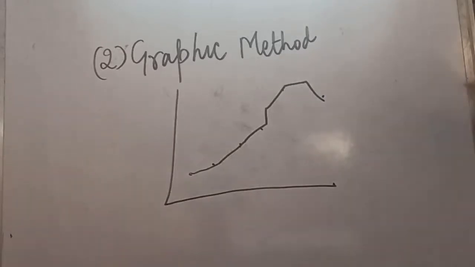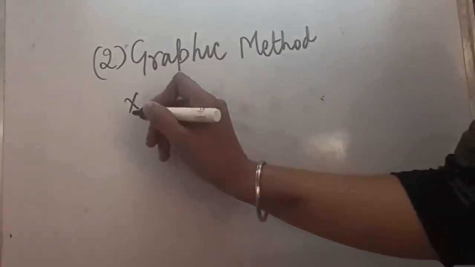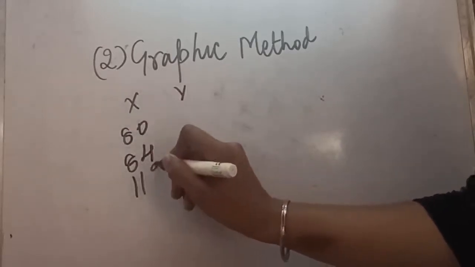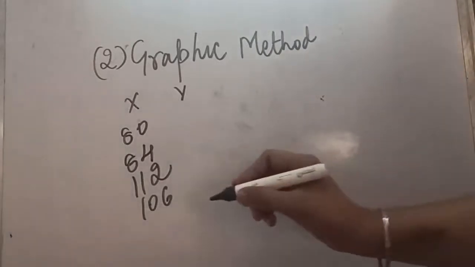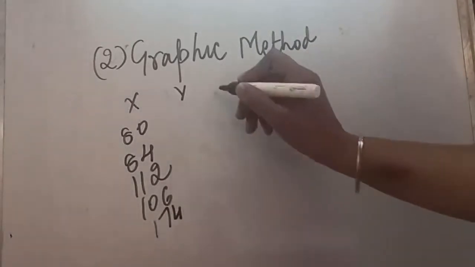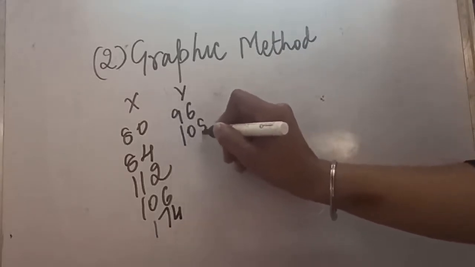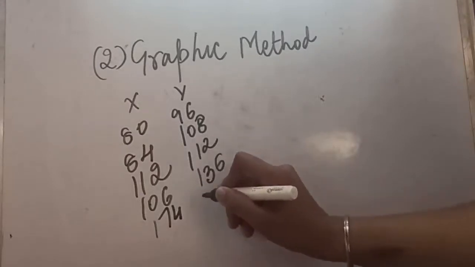I'll just give you one example related to this. You have been given one data, X and Y series, and X data is 80, 84, 112, 106, 174. The data of Y has been given as 96, 108, 112, 136, 156.